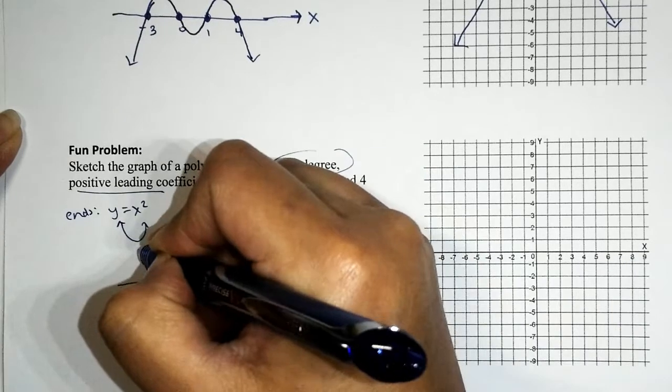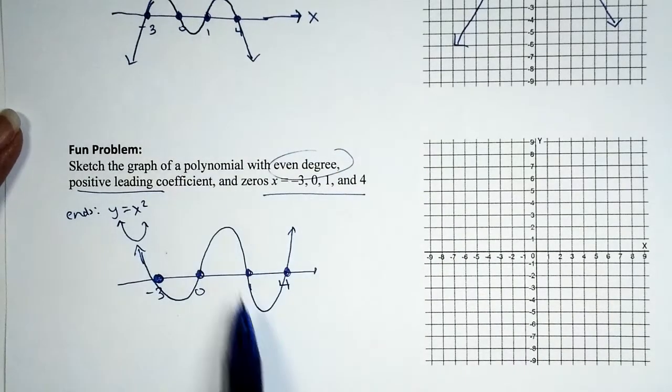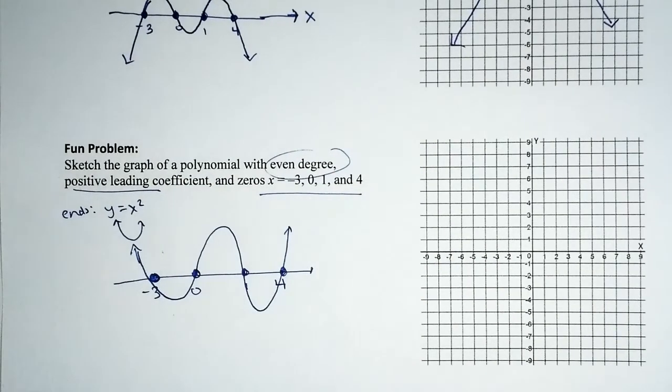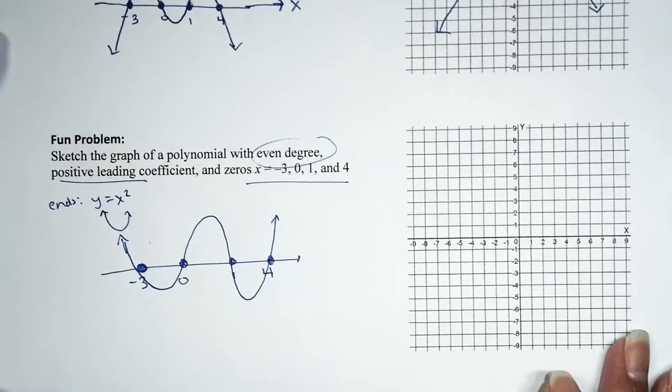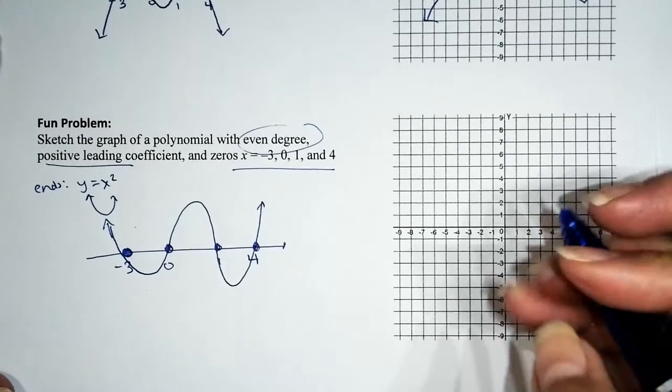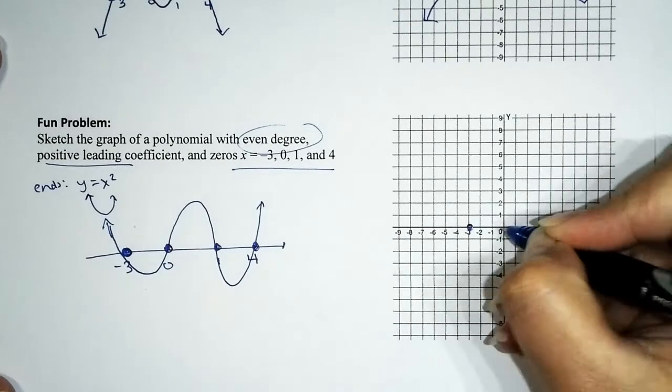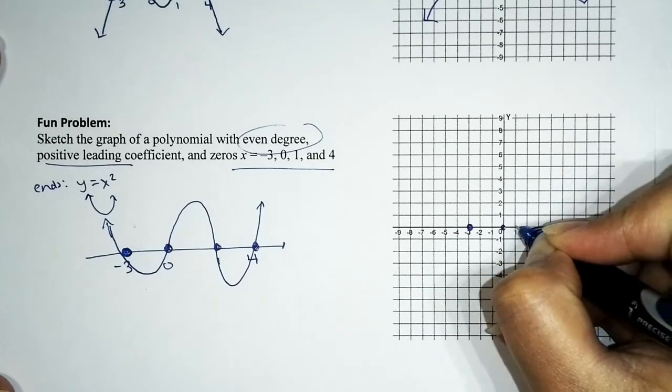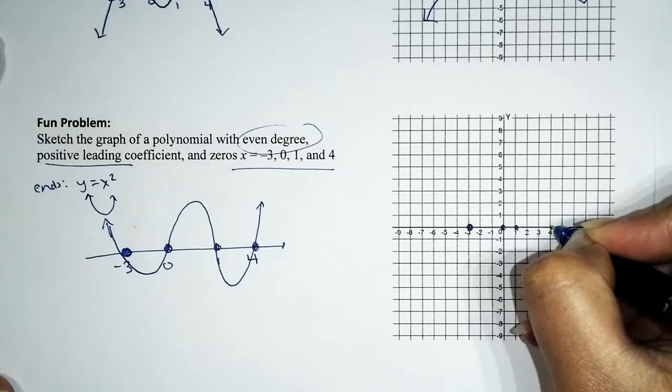And again, how prominent your highs and lows are is dictated by how you started the graph. Like when you're driving, if you take a sharp curve or whatever. Yeah, you understood me. So the zeros are -3, 0, 1, and 4.